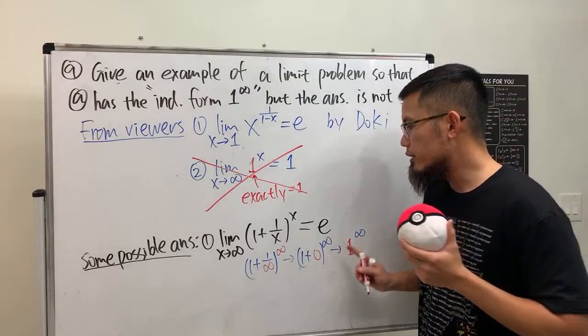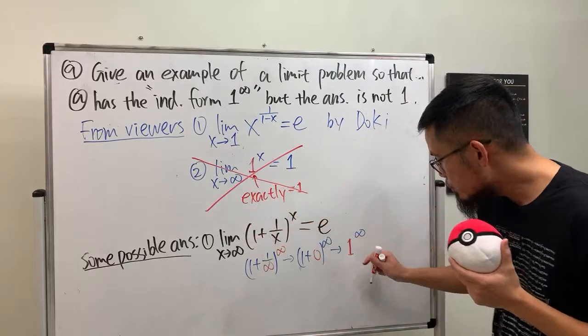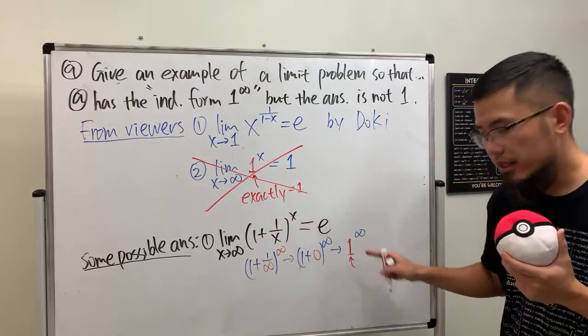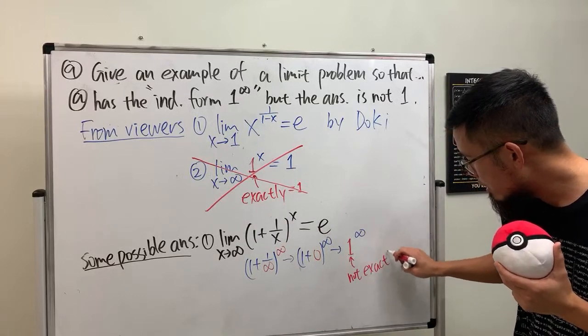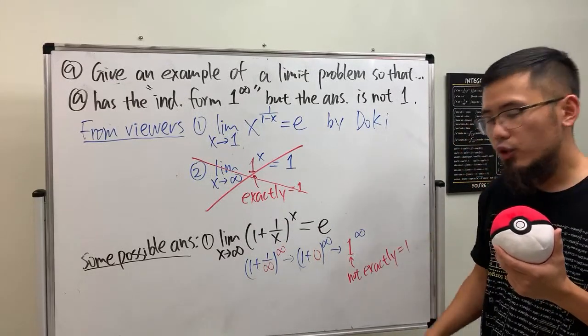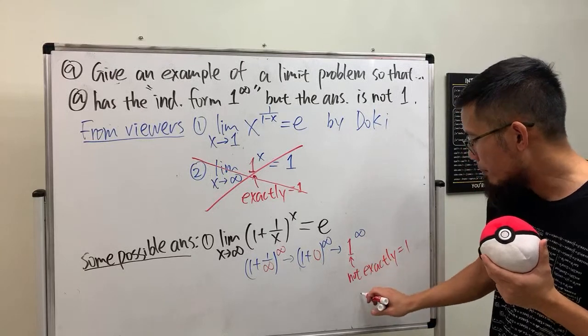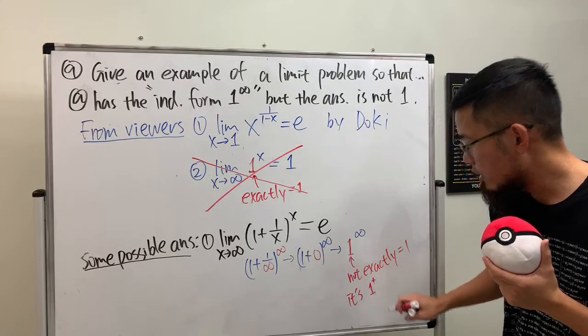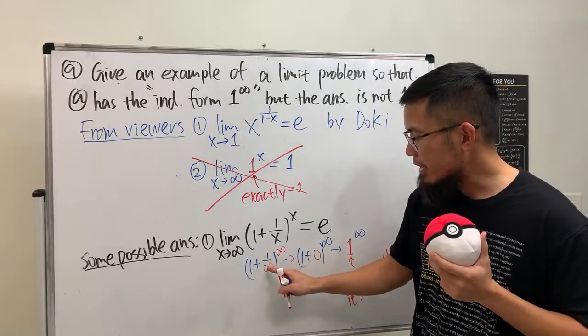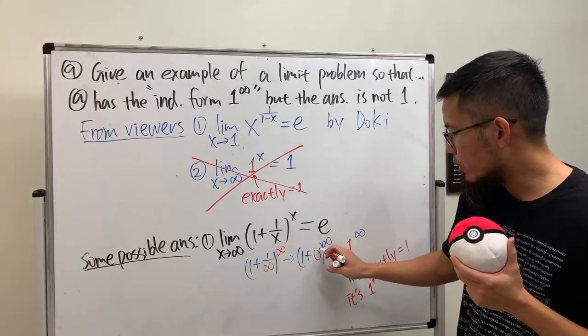But the difference between this question and that question is that this one is not exactly equal to 1. Rather, you should write this as 1 plus. Why? Because when you have 1 divided by infinity, this is 0 plus.